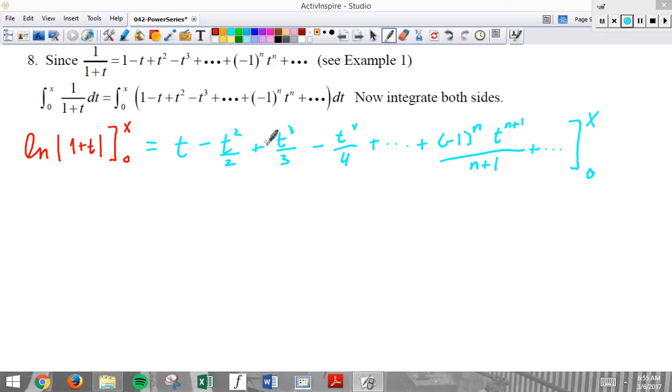On this side, a lot of people got worried in class. So it's natural log of the absolute value of 1 plus x minus natural log. Now, I don't really want to have to write all of this out, but I will.